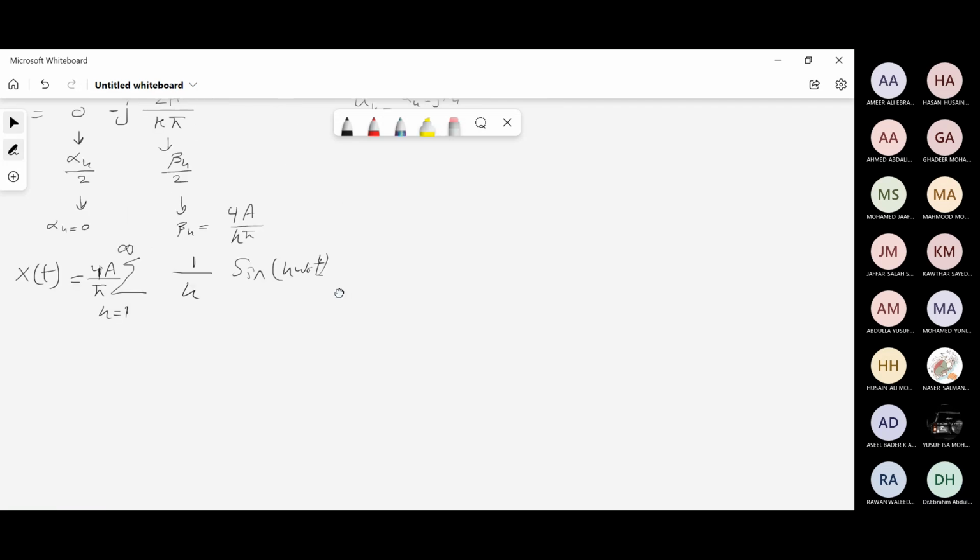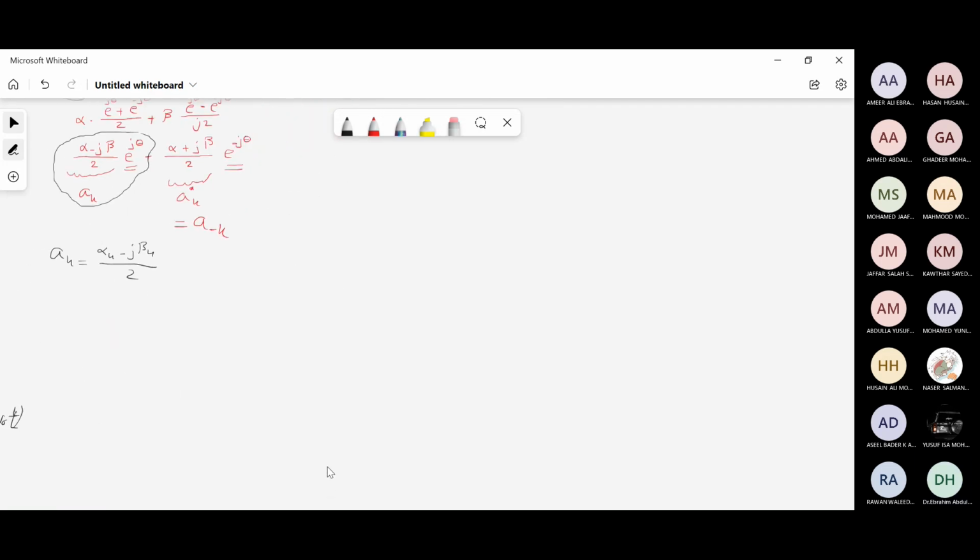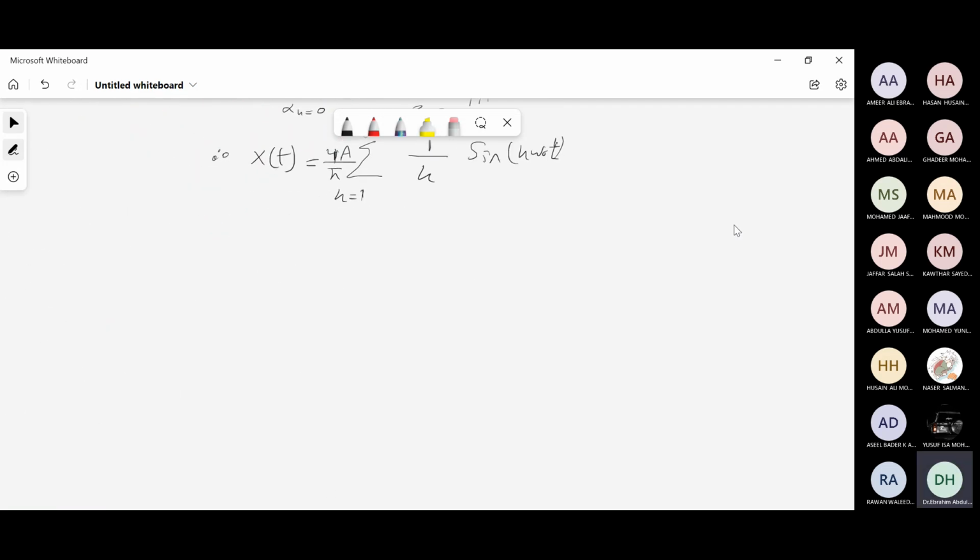So alpha equal to 0, and beta equal to 4a divided by k pi.